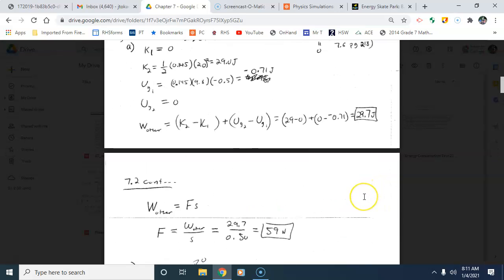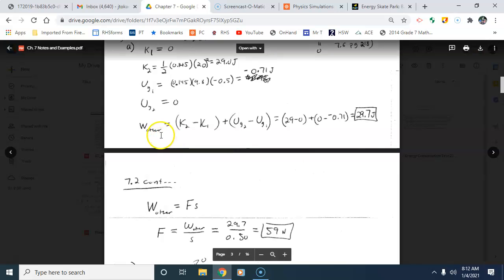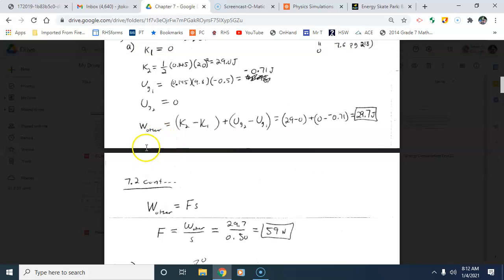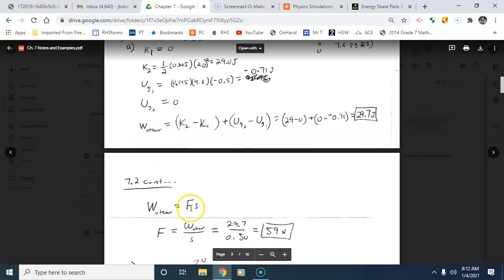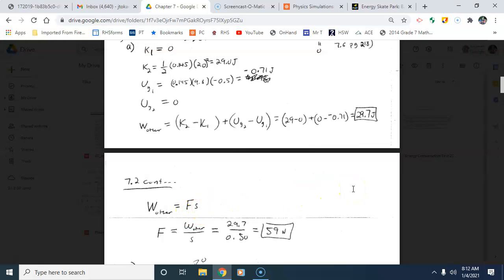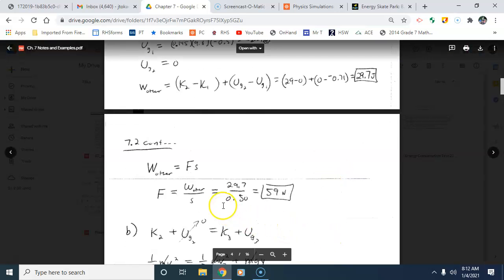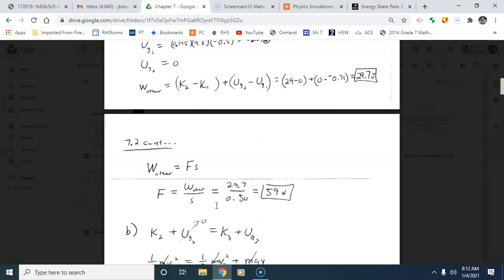Now, that's not what part A asked us, but it's easy to find right now. Because work other is equal to the force times the displacement that the force doing that work was placed through. So the displacement was up 0.5 meters from where we started, right?